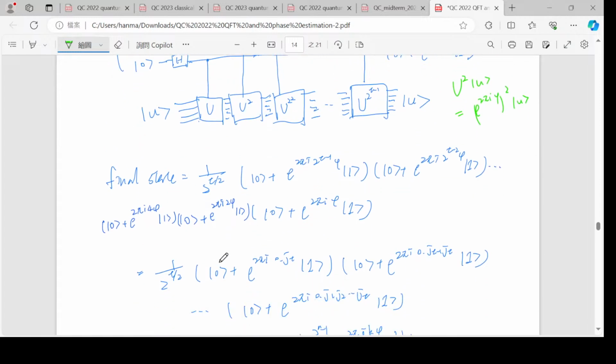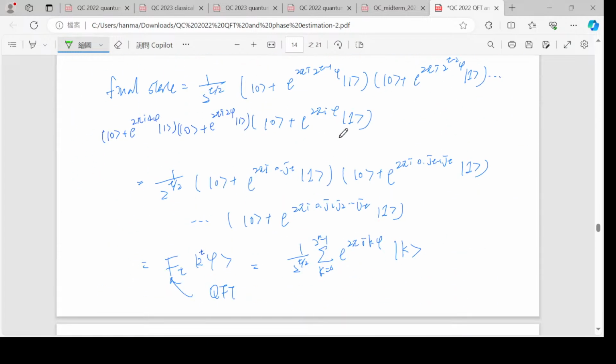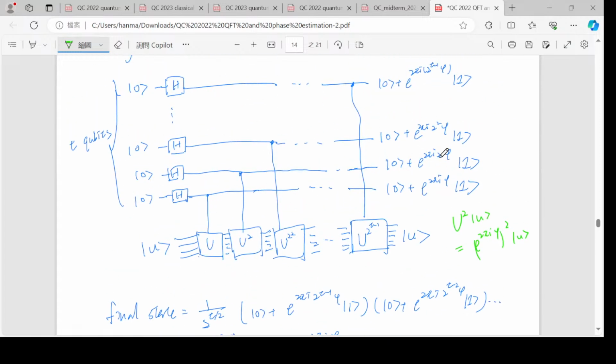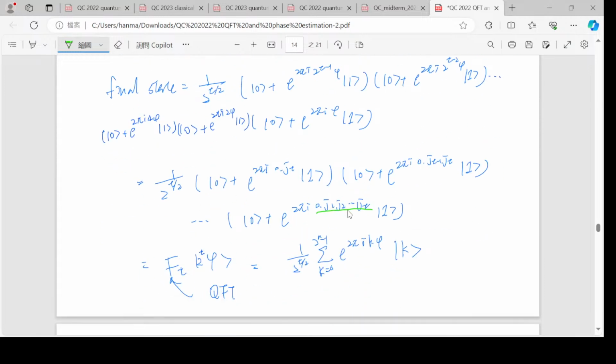Maybe it's easier to look at it from back to front. Phi is obviously this 0.j1 to jT, because that's exactly what phi is. And 2 phi we know is 0.j2 to jT. So every qubit we go up, we multiply by 2, and then we lose 1 bit, and we push this fraction forward, until the next one we get 0.jT, and the second next one we get 0.jT minus 1 jT.